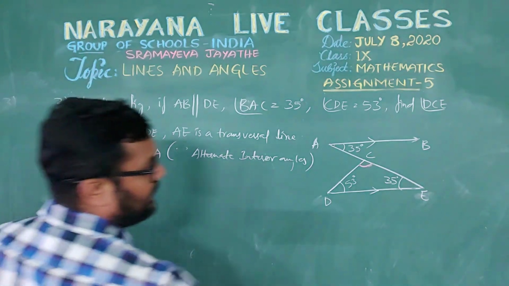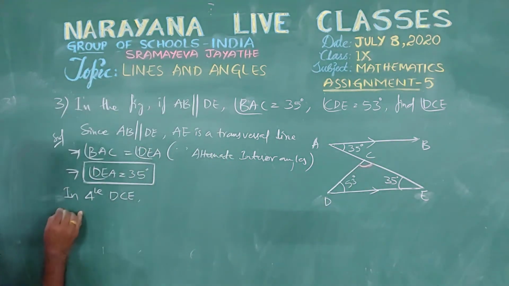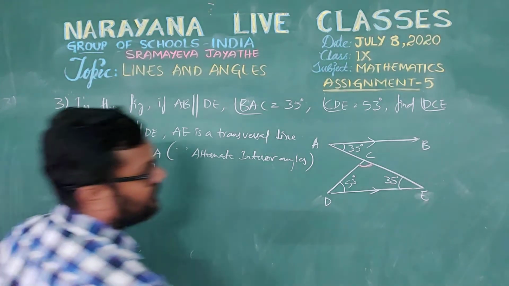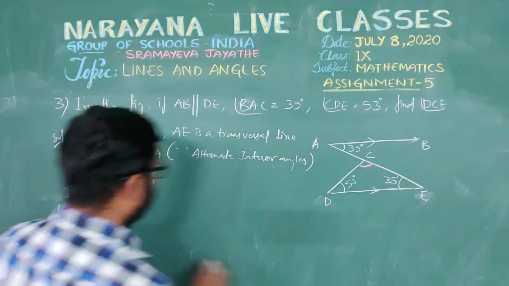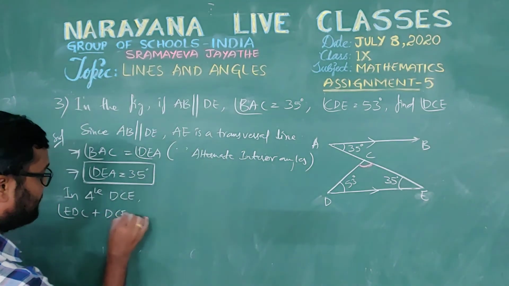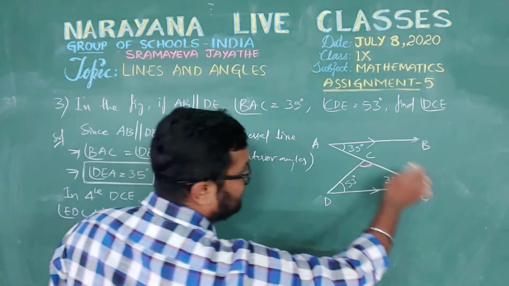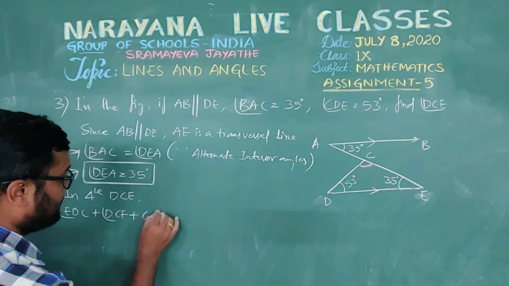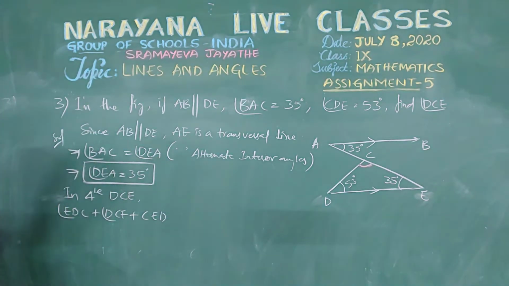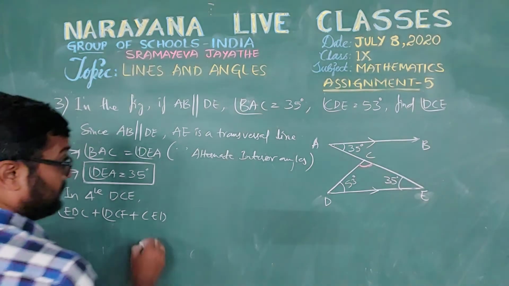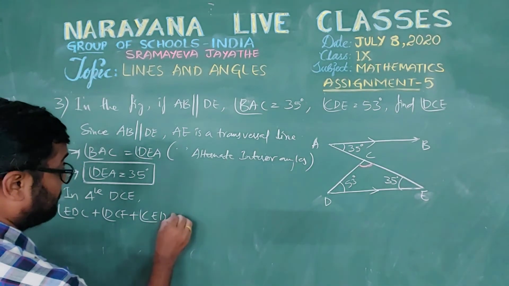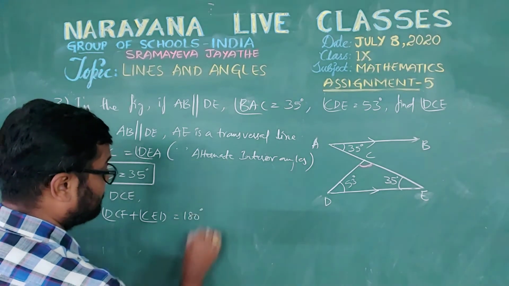That is angle EDC plus angle DCE plus angle CED is equal to 180 degrees.